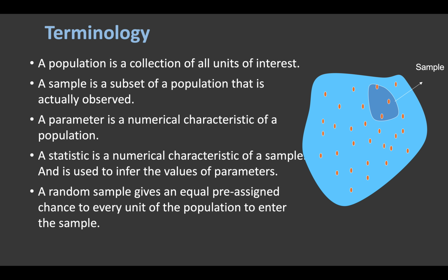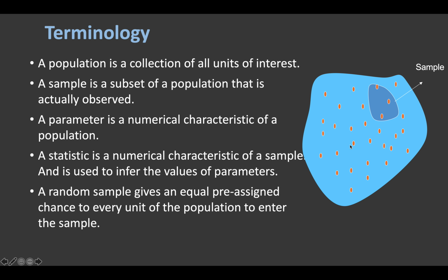I do the calculation of their age. The average is 4 years old. Then I assume the average age of the entire United States population is 4, right? That's wrong because the sample I use is not a random sample. Not everyone has an equally pre-assigned chance, right? So that's the difference here.